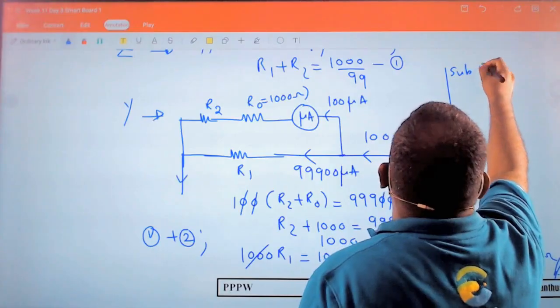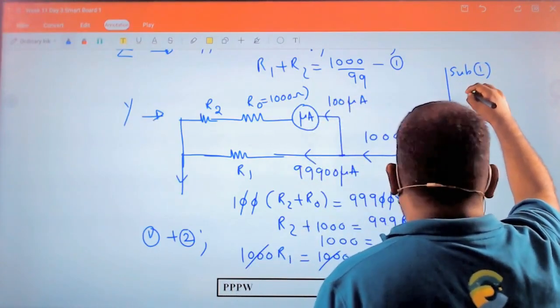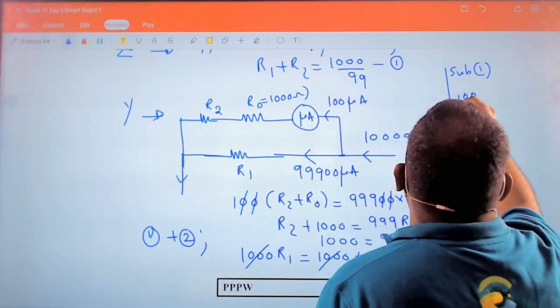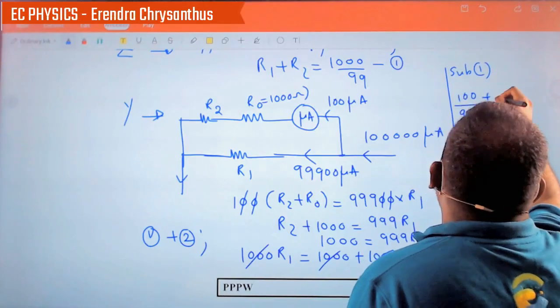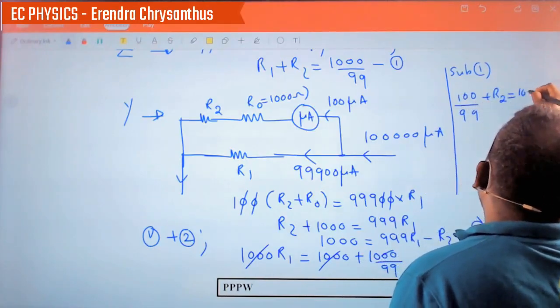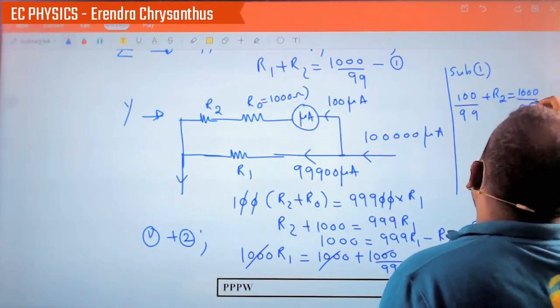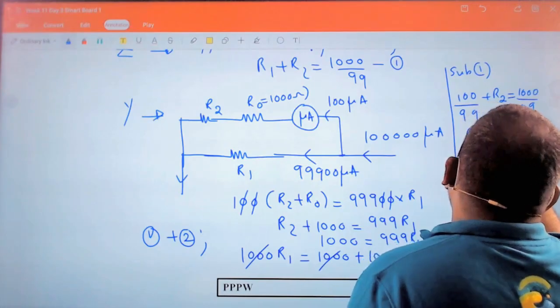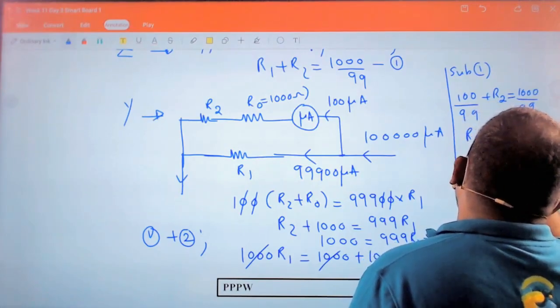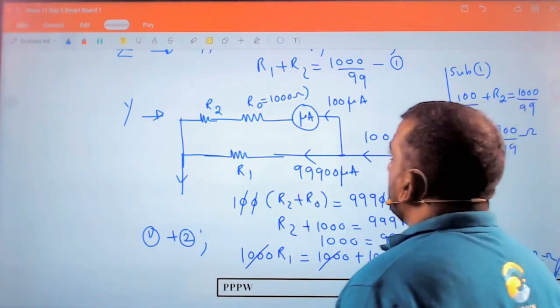Substitute into equation 1. 100 divided by 99 plus R2 equals 1000 divided by 99. R2 is 900 divided by 99 ohm.